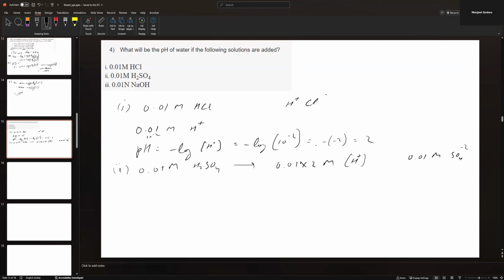Right. So the H plus ion concentration becomes 0.02 molar.